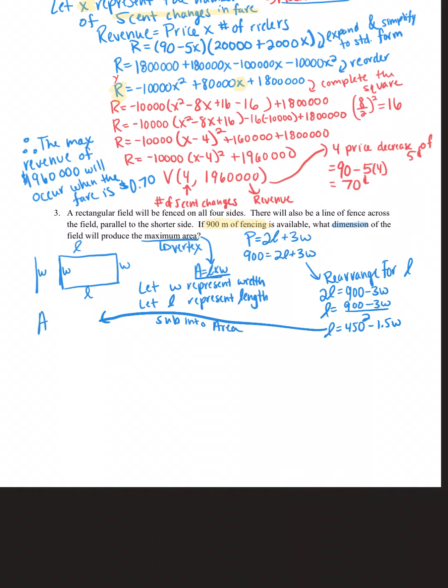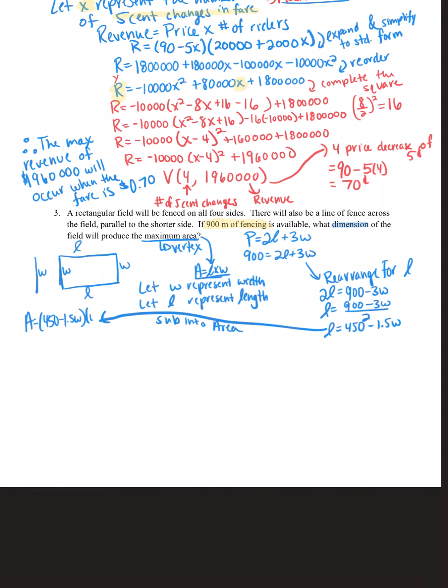So we're going to sub into our area formula. So area equals, my length is 450 minus 1.5W.